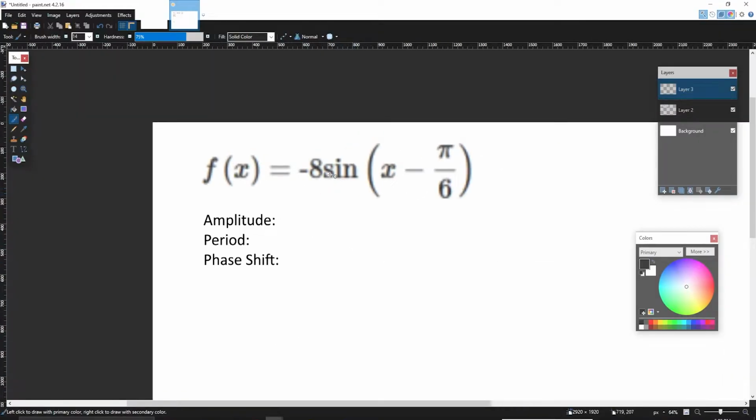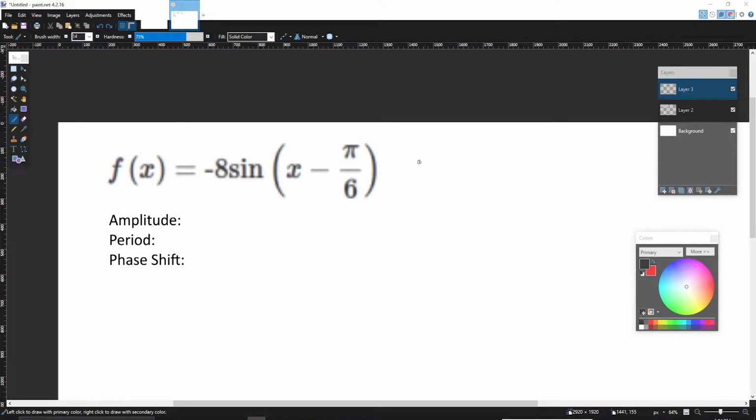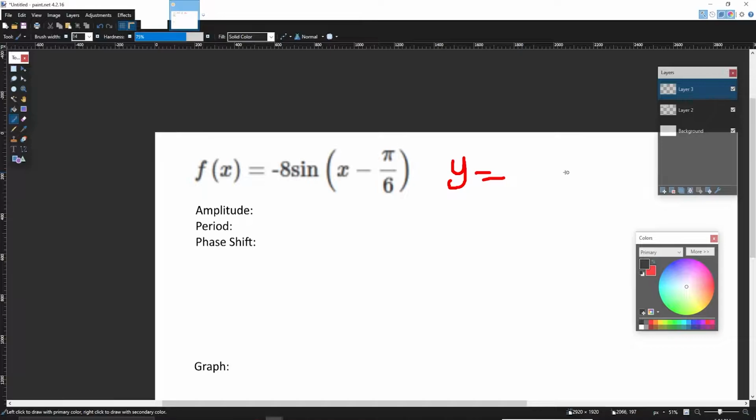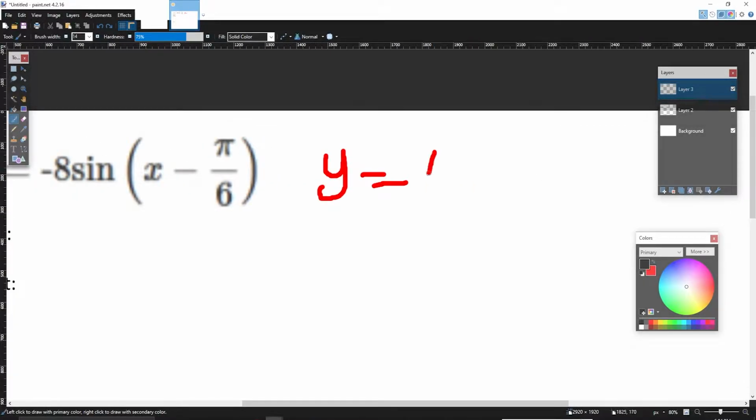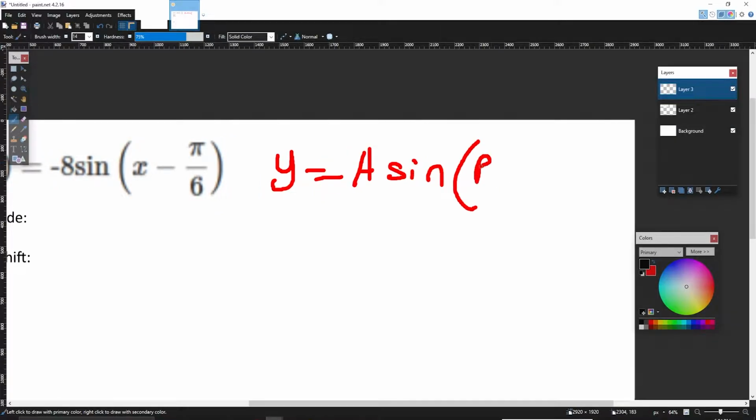The amplitude is usually just this number right here, like the absolute value of this number. The formula that I use is y equals a sine bx, right? Plus c.